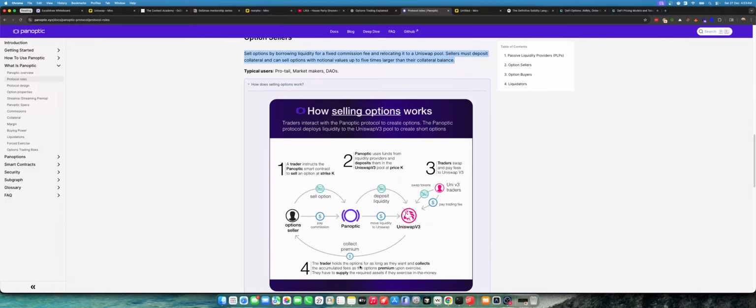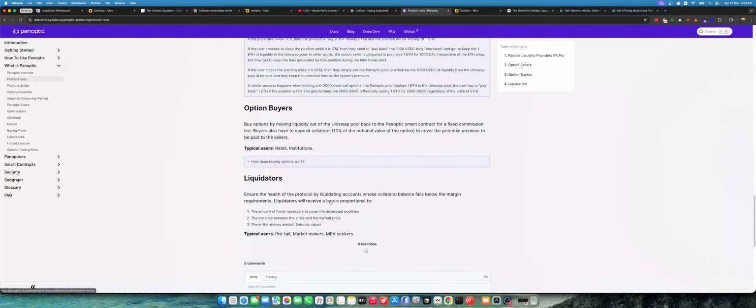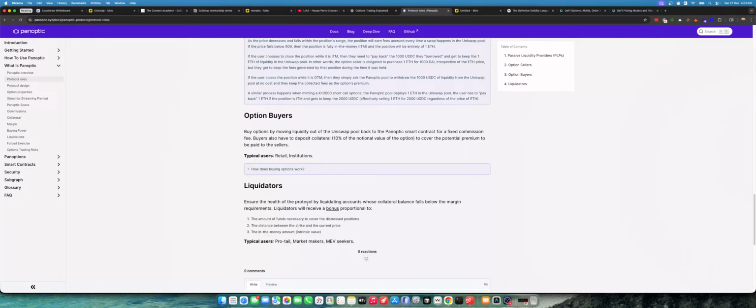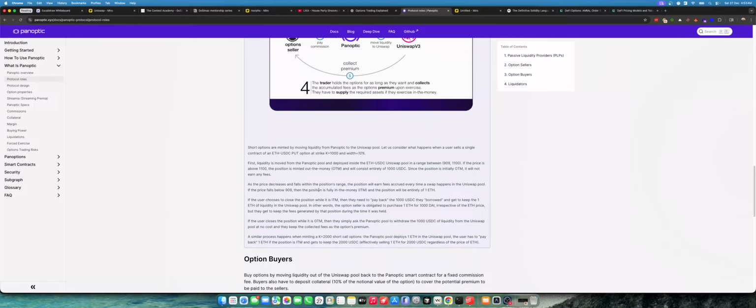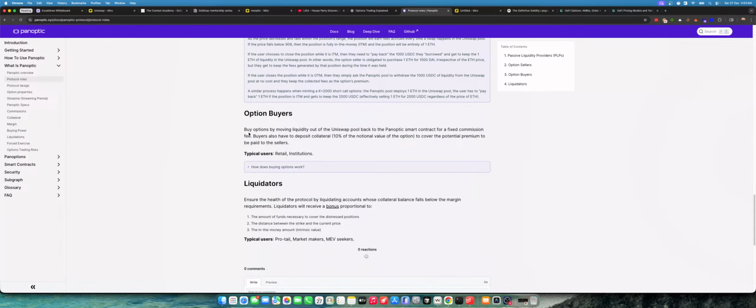The trader holds the option for as long as they want, with the accumulated fees as the option's premium. Buy options by moving liquidity out of the pool to Panoptic, and sell options by borrowing liquidity.